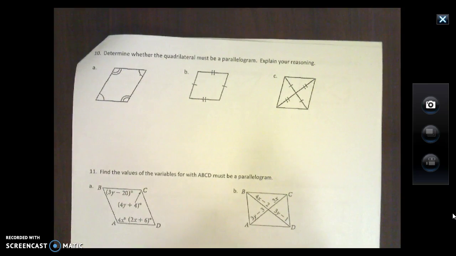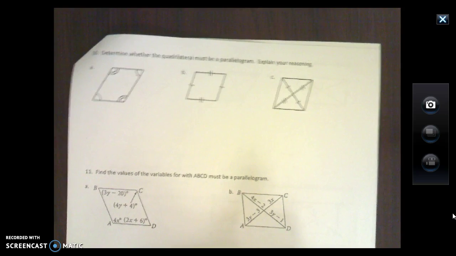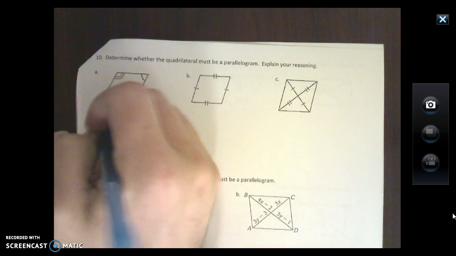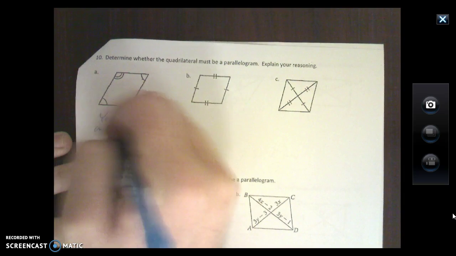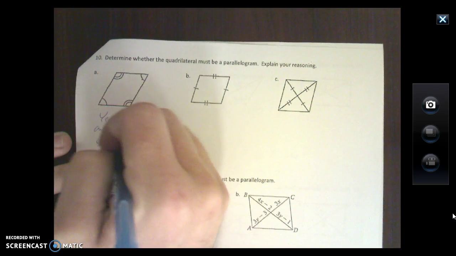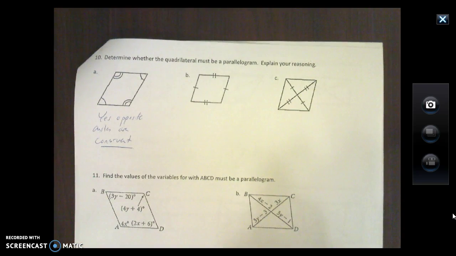Good deal. So, moving on a little bit. Determine whether the quadrilateral is a parallelogram. Okay, explain your reasoning. This would be yes, opposite angles are congruent, both pairs. That works.